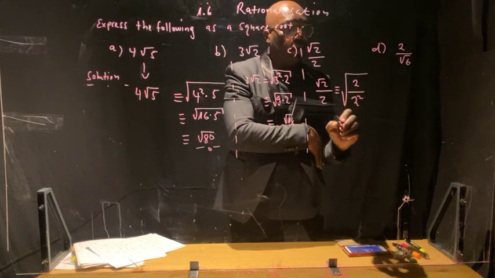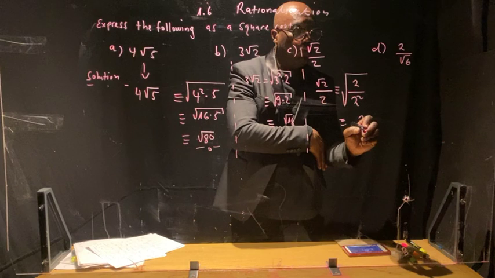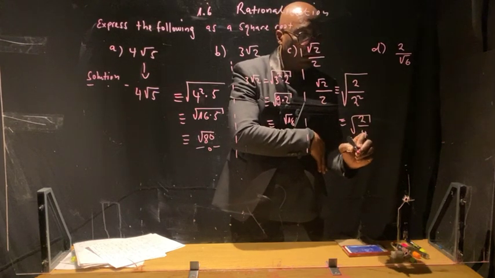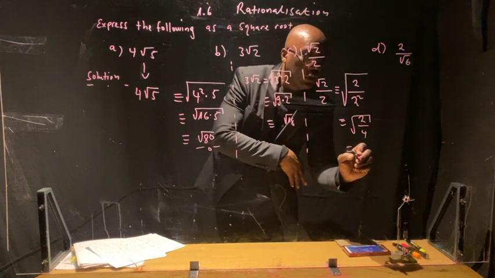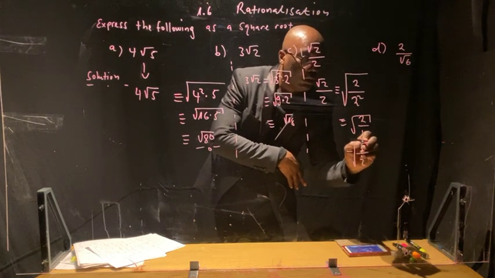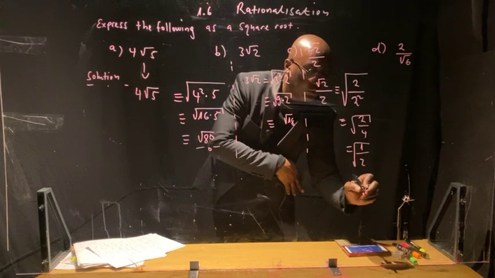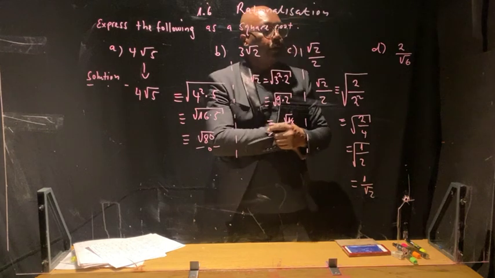In that case, it becomes 2 over 4. It becomes 1 over 2. It becomes 1 over root 2. You leave it that way or that way.